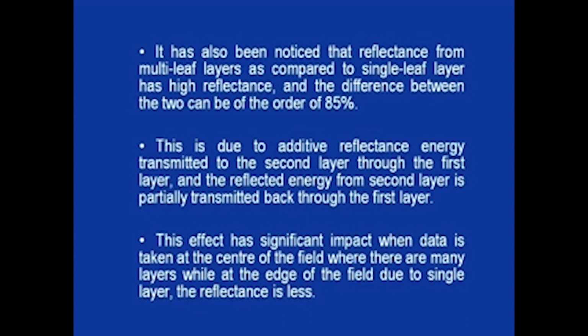This is due to additive reflective energy: energy transmitted to the second layer through the first layer, and the reflected energy from the second layer is partially transmitted back to the first layer. This effect has significant impact when data is taken at the center of the field, where there are many layers, while at the edge of the field, due to a single layer, the reflectance is less.